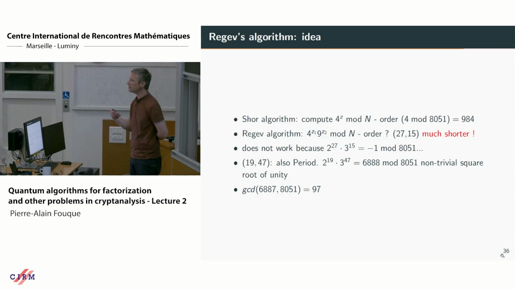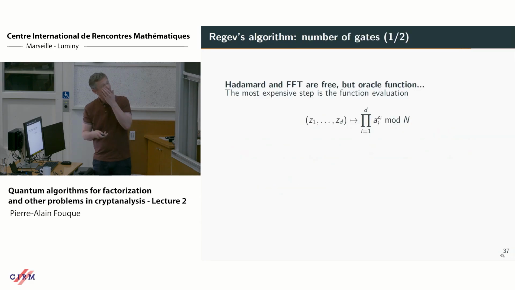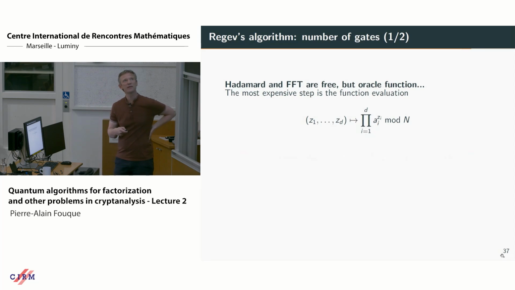Okay, so the end of the algorithm is very similar to what we expect, except that now we are looking for a period in higher dimension. As before, the first step is the Hadamard, then the FFT, the inverse FFT at the end, you have to observe exactly as before.